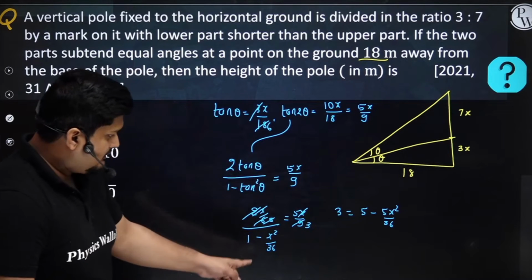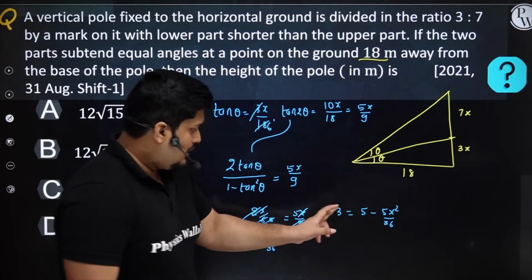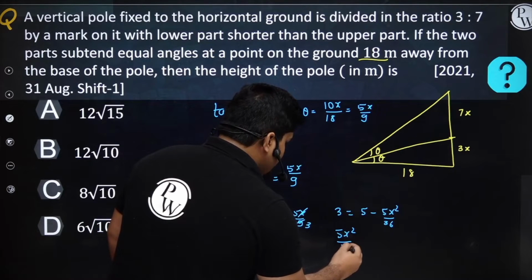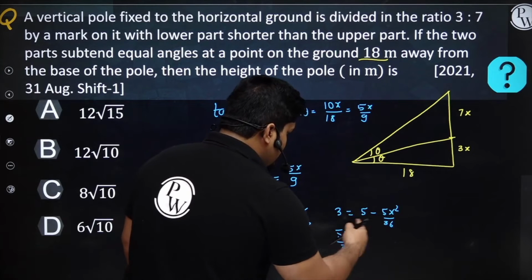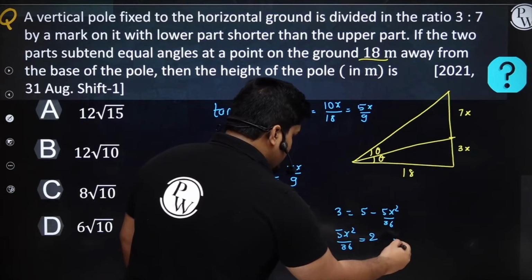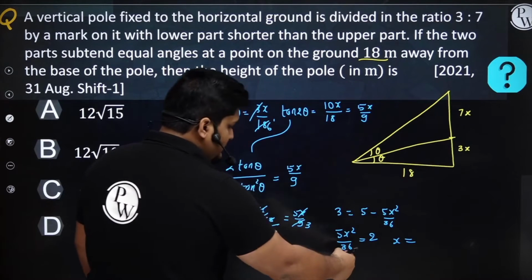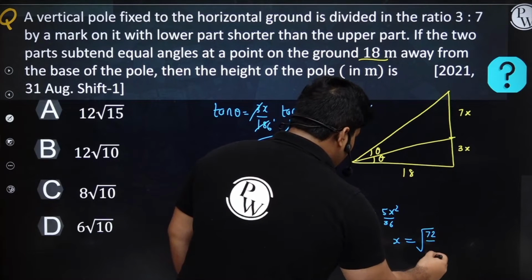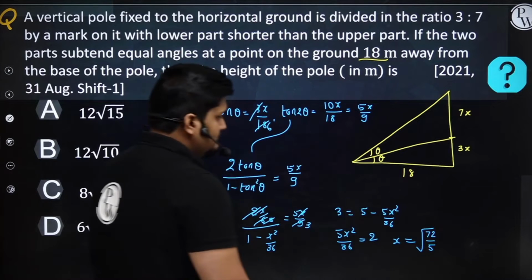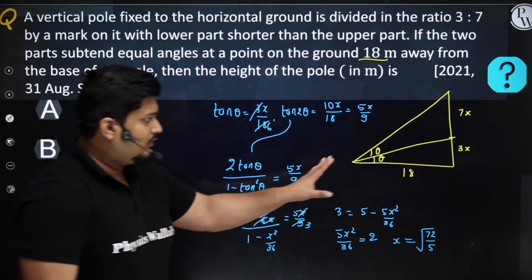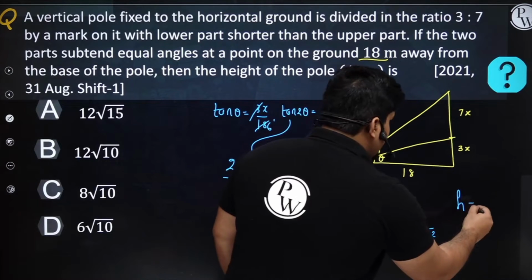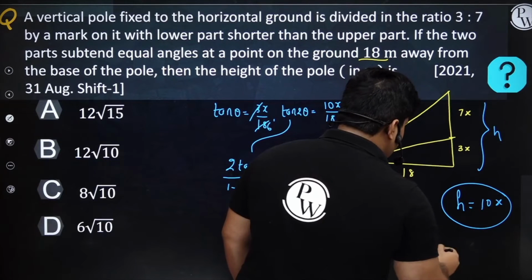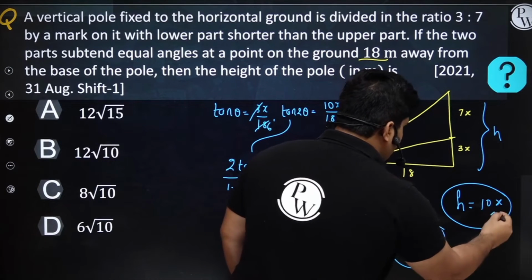So 5x square divided by 36 is equal to 5 minus 3, 2. So x square is 36 into 2, 72, divided by 5. So x is under root of 72 divided by 5. So what is the overall height? That height h is equal to 10 into x. So you substitute this x here and you can calculate it.